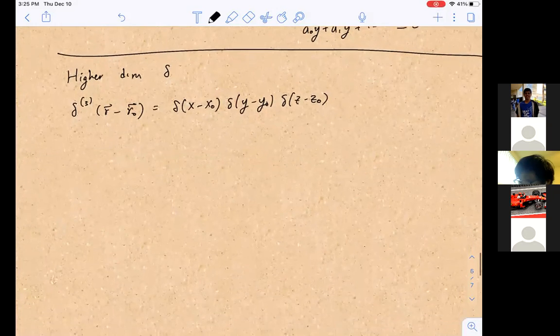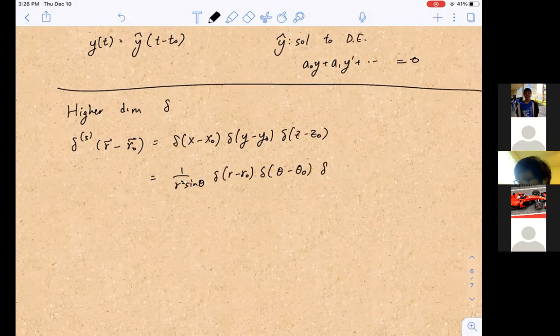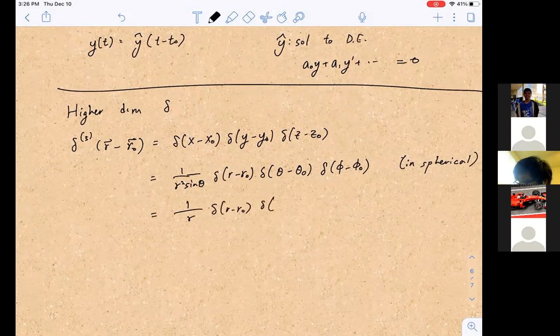In Cartesian, it's this form, and in spherical coordinates it looks the same, but you have a factor of 1 over r squared sine theta in front. And 1 over r, delta r minus r0, delta theta minus theta0, delta z minus z0 in cylindrical.